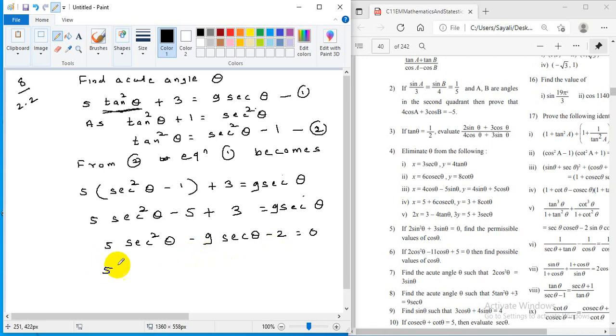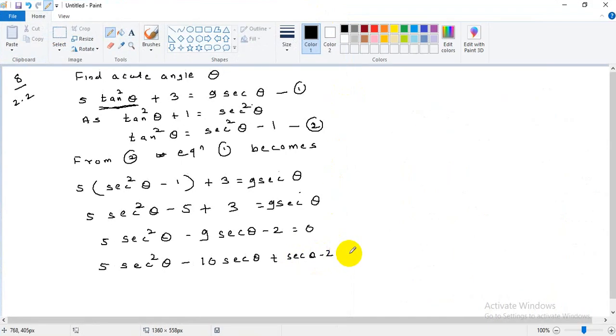So very easily you can factorize: 5 sec squared theta minus 10 sec theta plus sec theta minus 2 is 0. I will enlarge this so that you can use the whole screen.